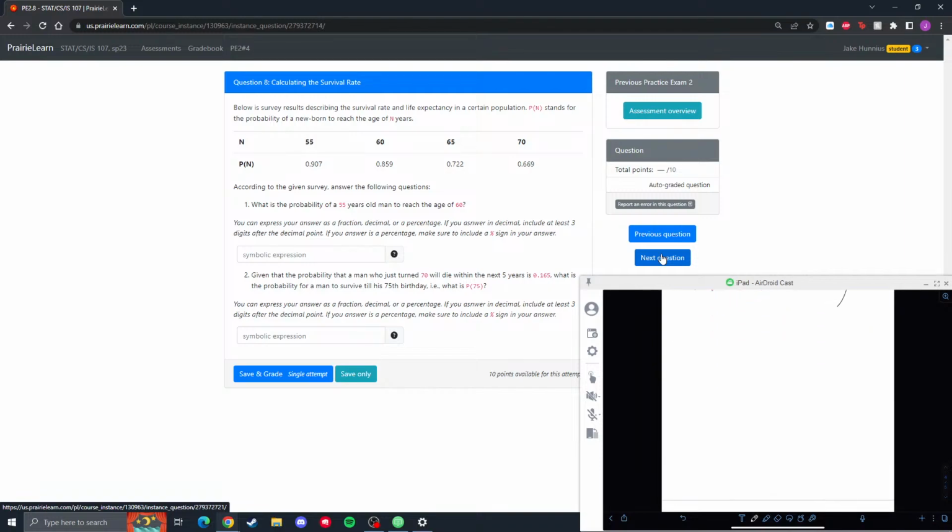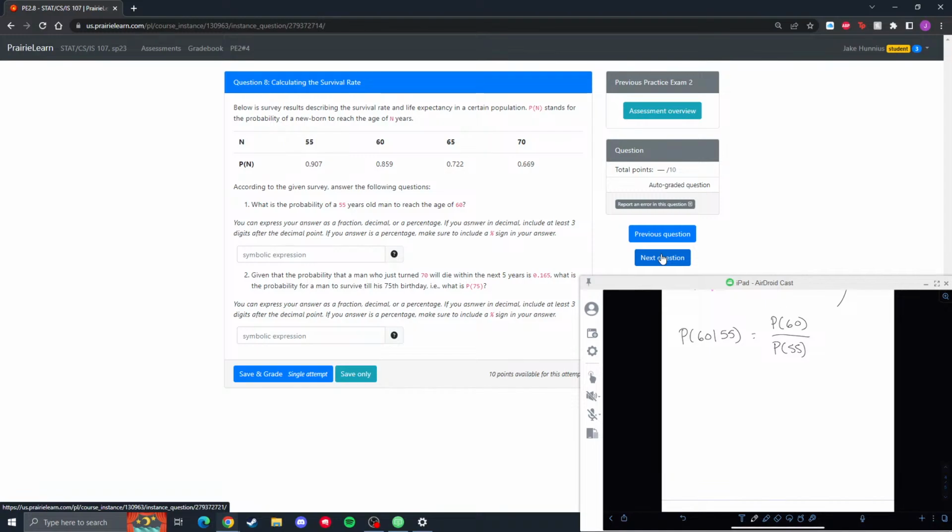All right, so I think this is applicable for the Bayes rule. What is the probability that somebody who's 55 years old will reach the age of 60? So the probability of 60 given 55 in this case is going to be equal to P of 60 divided by P of 55.